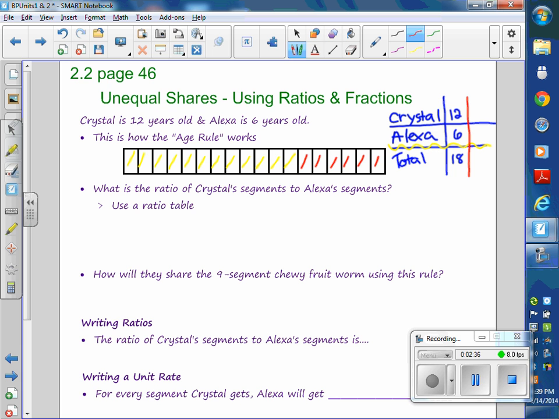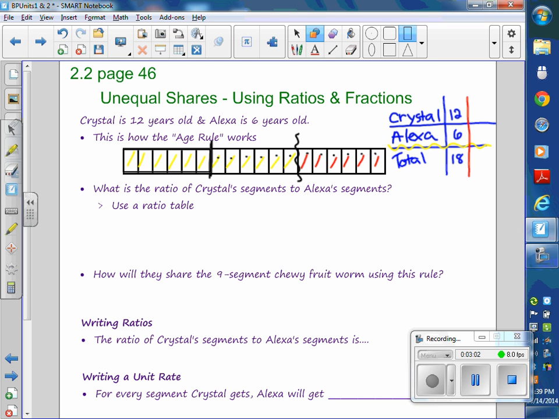Well, you guys probably can just see from the picture, this section here has 1, 2, 3, 4, 5, 6 parts. And since Crystal's section has 12 parts, we can divide it and see that Crystal has twice as many parts.